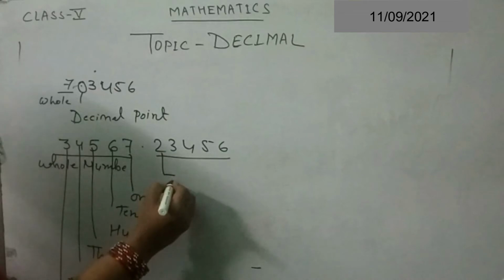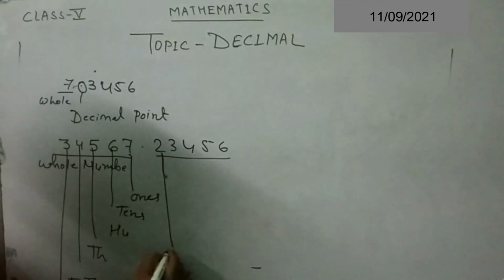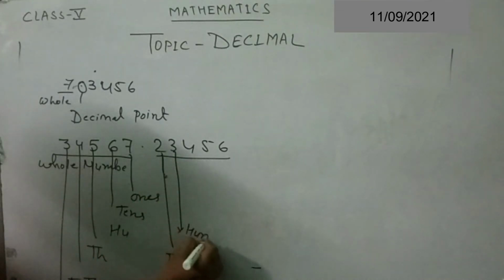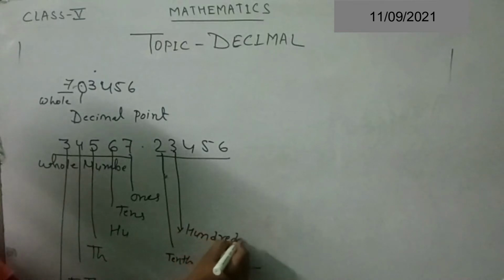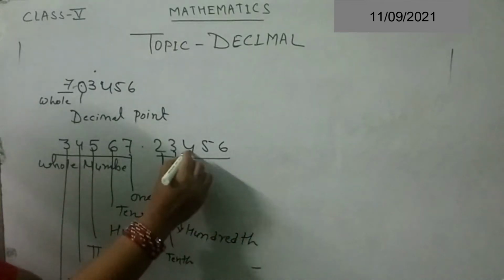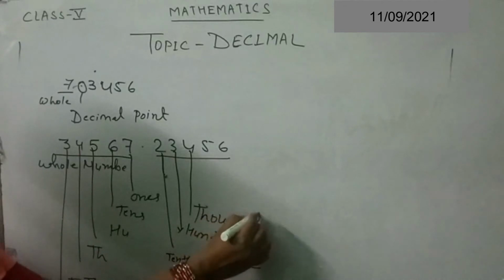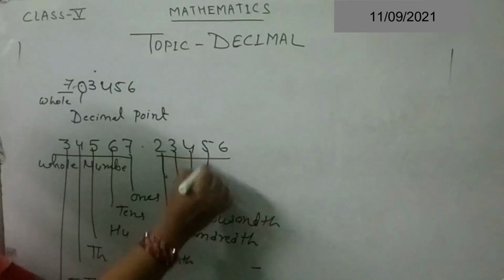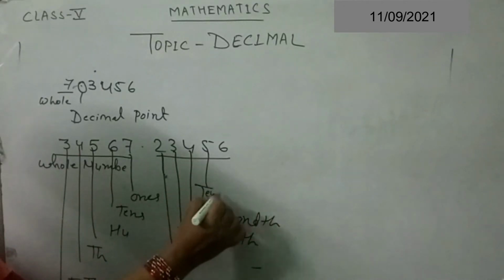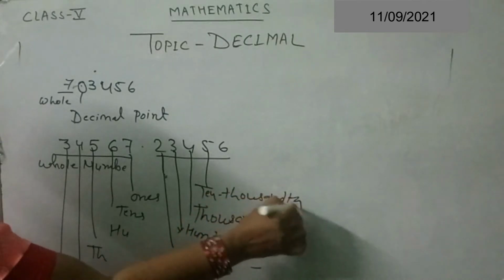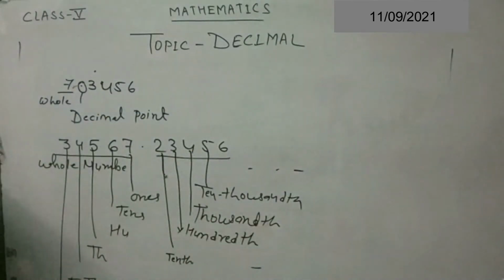This one is the tenth, this one the hundredth, this one the thousandth, and this one the ten-thousandth. That is how we read them.